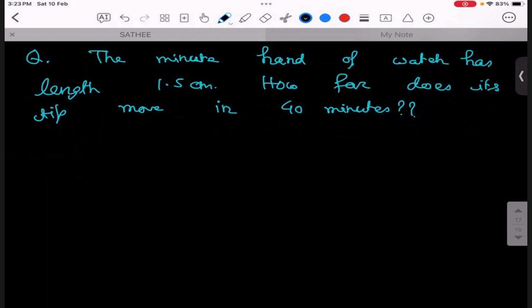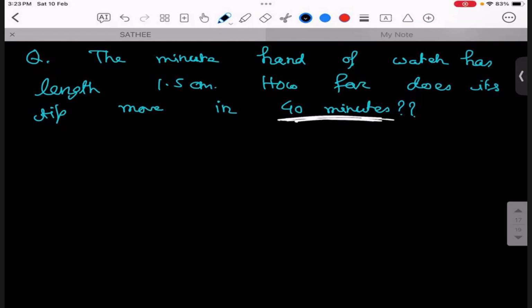A complete revolution of the minute hand of a watch means 60 minutes of revolution. Now this minute is not in degree and minute. Just recall that in the case of degrees, one part of 60 parts of 1 degree is a minute. Not like that. This minute is the time limit. It is a measure of time, not a measure of angle.